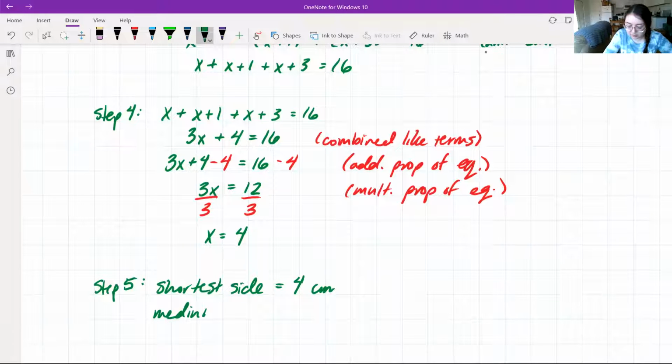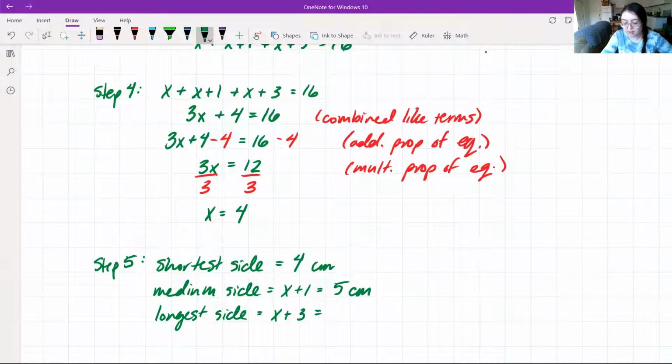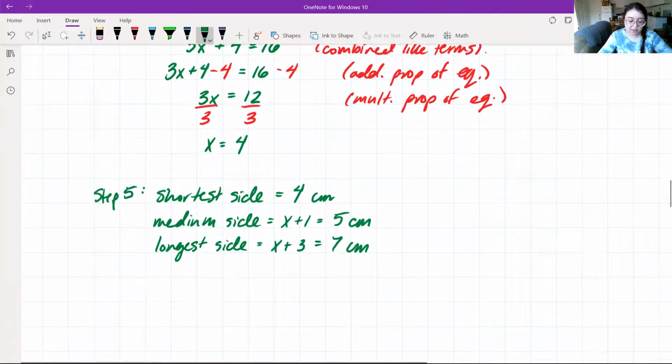Then our medium side was x plus 1, so 5 centimeters. And our longest side was x plus 3, so 4 plus 3 is 7 centimeters. So we have our answers here.